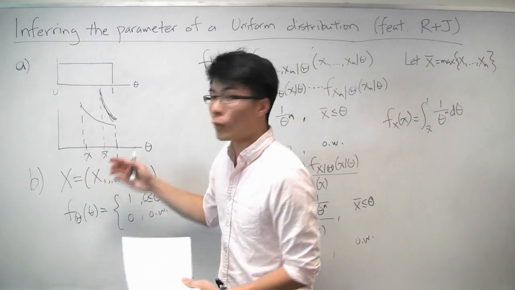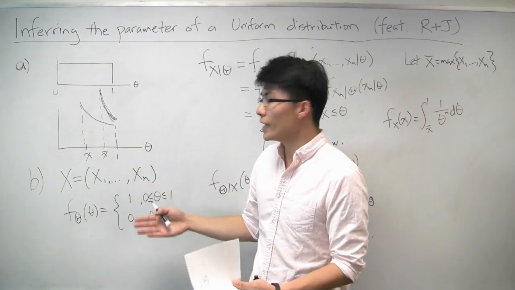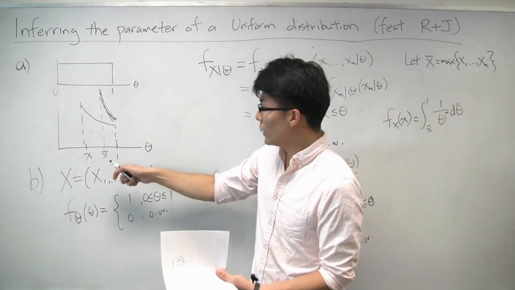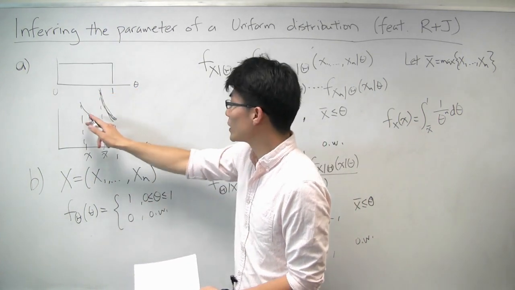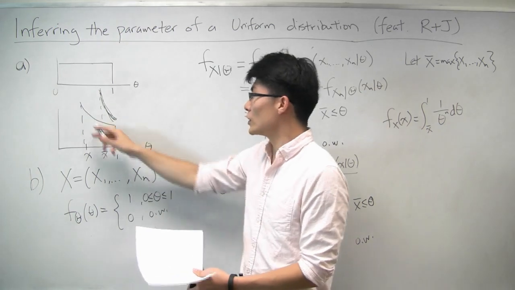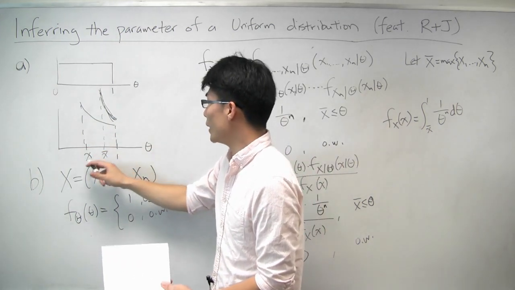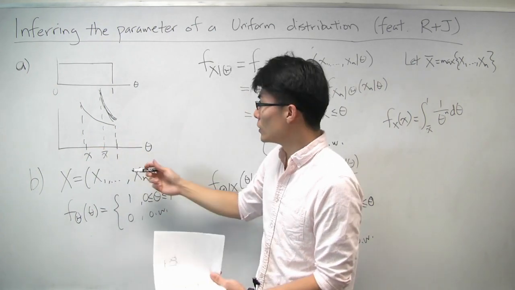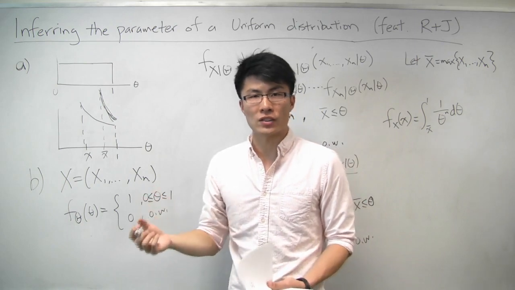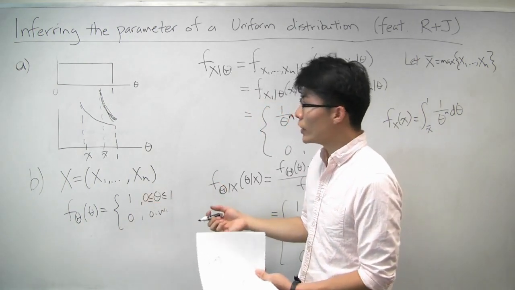But if your manager were to ask you, what is your best guess of what theta is, it's less clear when you tell them, here's the distribution, because you still have a big range of what theta can be. It can be anything between x and 1 or x bar and 1. So if you wanted to come up with a point estimate, which is just one single value, there are different ways you can do it.